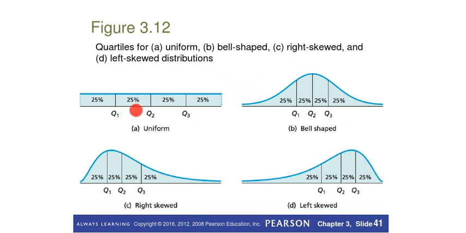The bottom 50% of the data is less than quartile 2, which is really the same thing as the median. 75% of the data falls less than quartile 3, so 25% of the data falls between quartile 2 and quartile 3. So quartiles tell us a little bit about our data set, right?